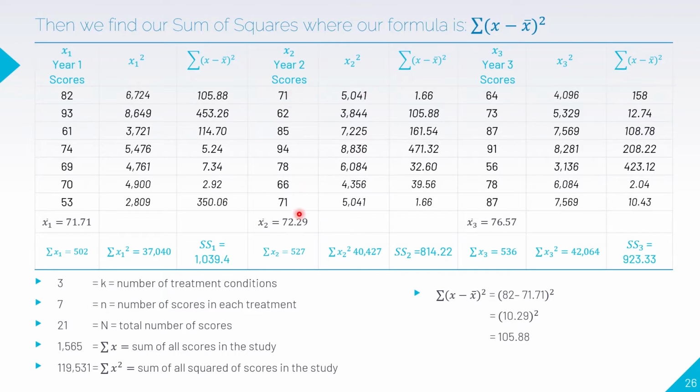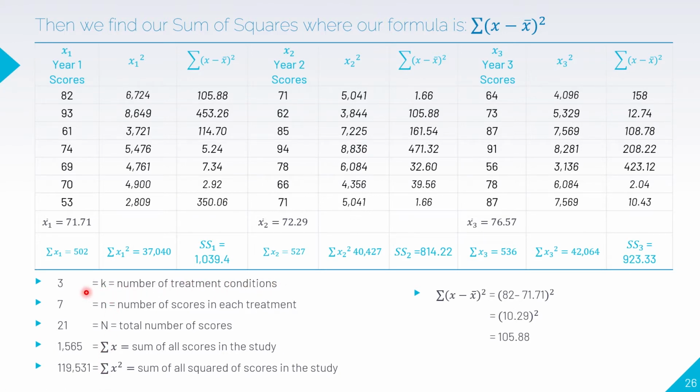Same as this one, 71 minus its mean, multiplied by itself, we have 1.66. Adding all of this, we have the summation of squares in our second group, which is 814.22. Same as this one, 64 minus 76.57 squared, we have 158, and adding, we have the sum of squares of group 3, 923.33.